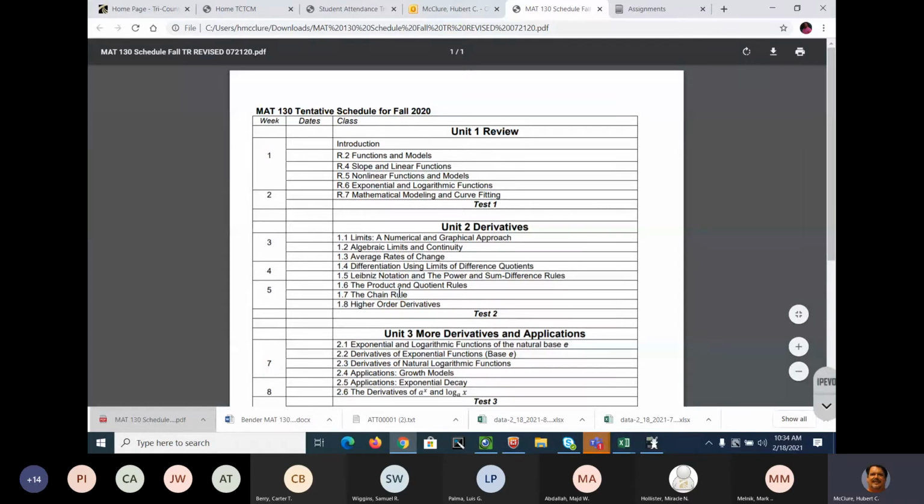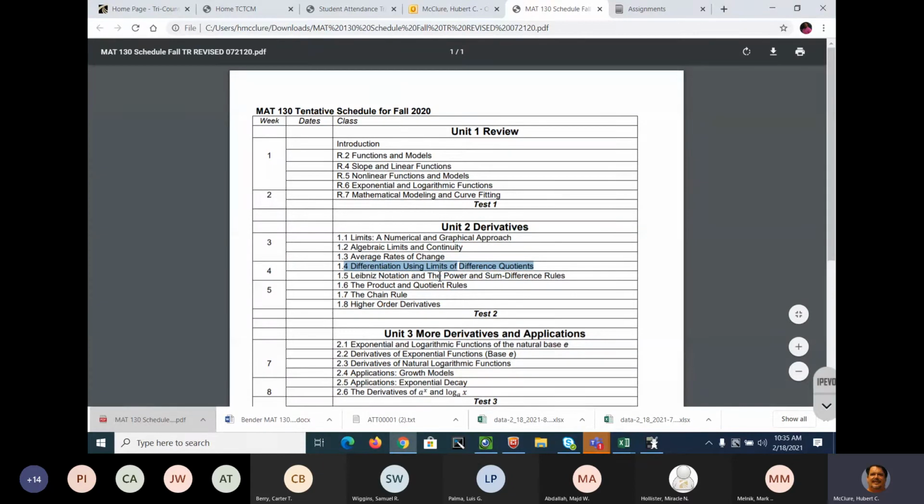Okay, right now we're doing 1.4. Hubert, you skipped 1.1 through 1.3? I've already covered it. I gave you a lot more in the review section than you needed. 1.4 is what we're doing right now: the power, sum and difference, product, and quotient rules. 80% of your test is going to come from those sections.